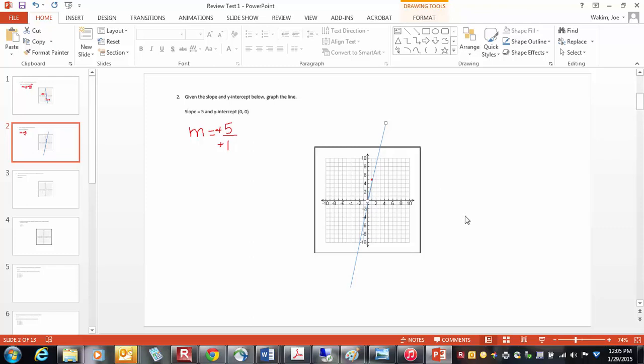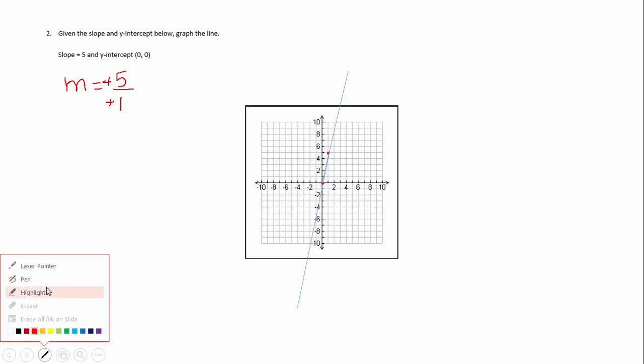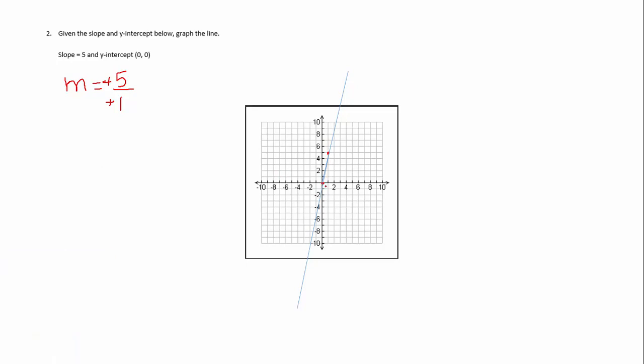So this would be the graph of the line whose y-intercept is 0, 0 and has a slope of 5. Notice here I went up 5, right 1. So this point here is going to be 1, 5. Of course, this point is 0, 0, my y and x intercept.